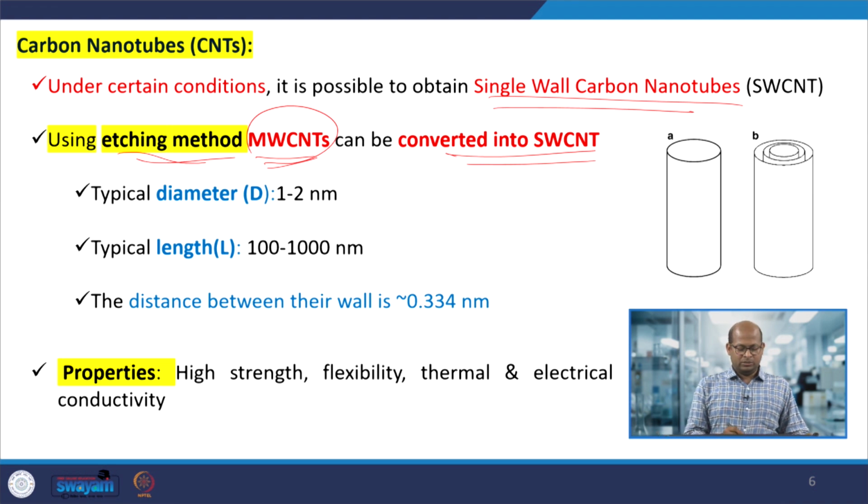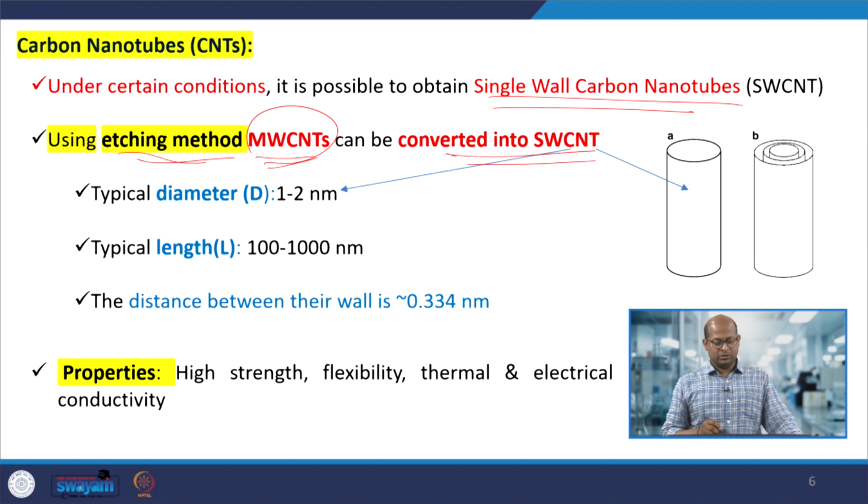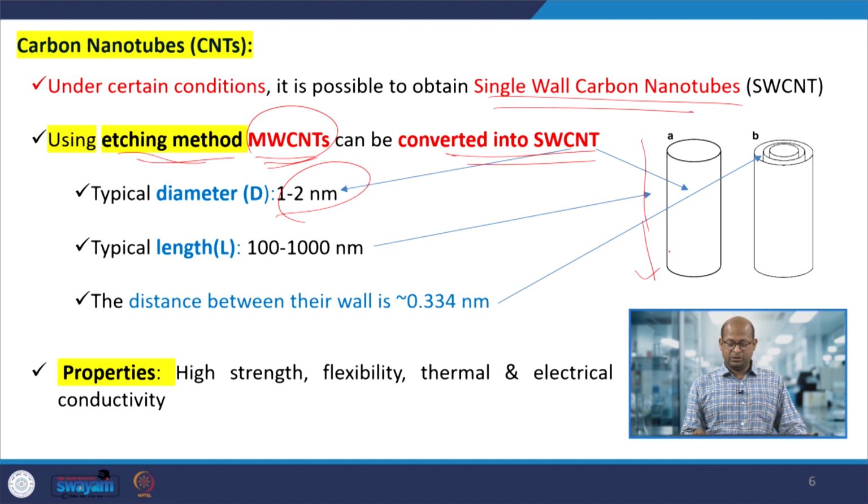The diameter, as I said, is 1 to 2 nanometers for single wall and 2 to 25 nanometers for multi wall. The length of the tube is in the range of 100 to 1000 nanometers, and the distance between two walls is 0.334 nanometers, very small, less than 1 nanometer.